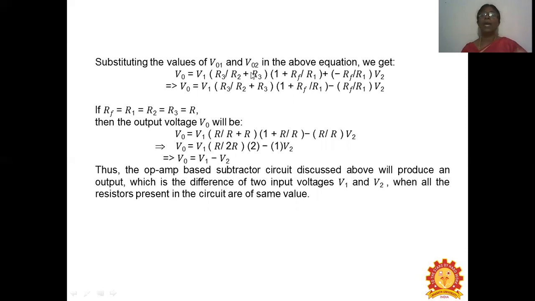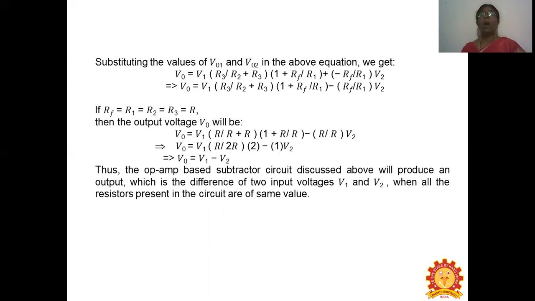Substituting the values of V01 and V02 in the above equation, we get V0 is equal to V1 of R3 divided by R2 plus R3, into 1 plus Rf divided by R1, plus minus Rf by R1 into V2. We can rewrite this equation as V0 is equal to V1 into R3 by R2 plus R3 into 1 plus Rf divided by R1 minus Rf divided by R1 into V2.